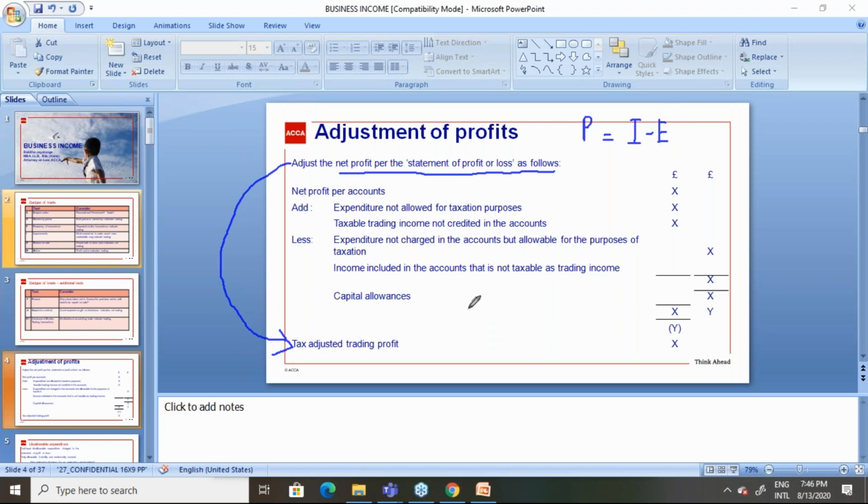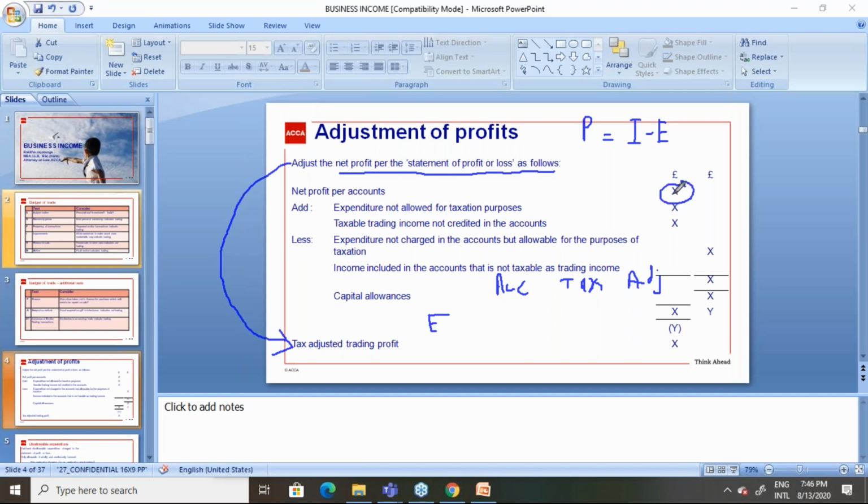If you take expenditure, the expenditure that we use in accounting may be different from the expenditure recognized in taxation. Accordingly, if we have used a different treatment in taxation, you are required to make certain adjustments to the accounting profit, the net profit as per accounts.